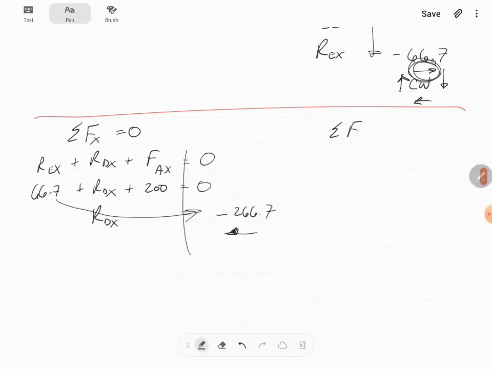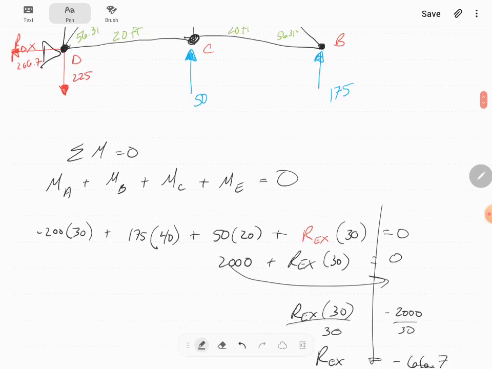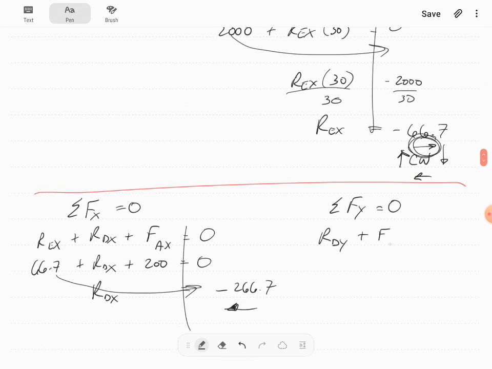So here we go. The sum of the Y forces is equal to 0. There is a reaction at D in the Y-axis. There is a force applied right here at C, and there is a force applied at B. So we have a force applied at C and a force applied at B. All those add up to 0. RDY is what we'll find out.